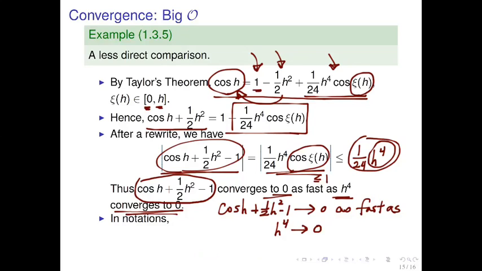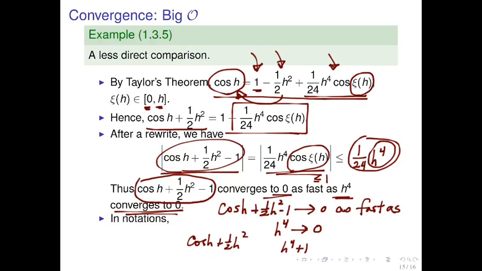Or if you actually take that expression and add 1 to both sides, then it's equivalent to say that cosine h plus 1/2 h squared is within h to the 4th plus 1. You can also say that this converges to 1 as fast as h to the 4th plus 1 converges to 1 as well.